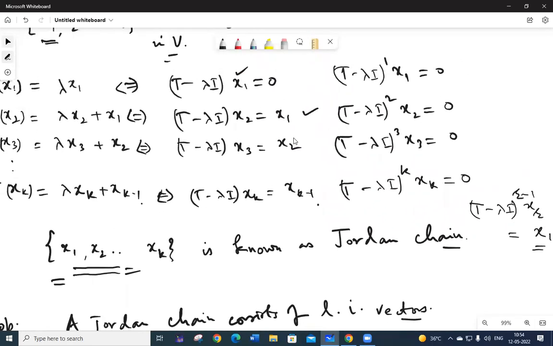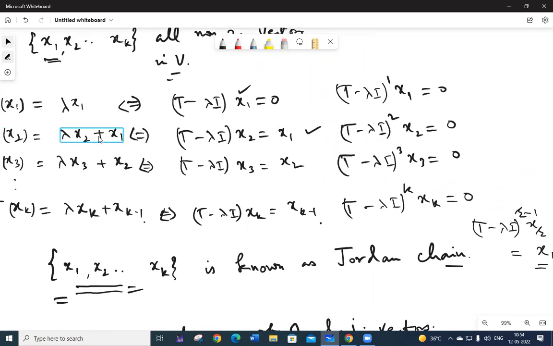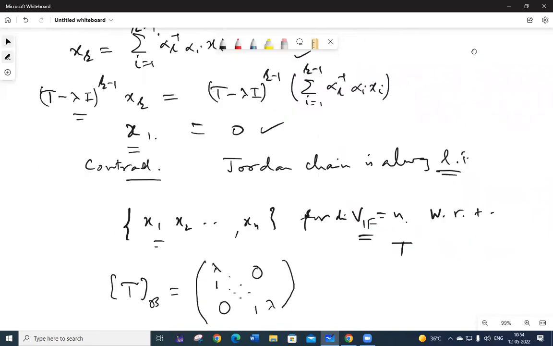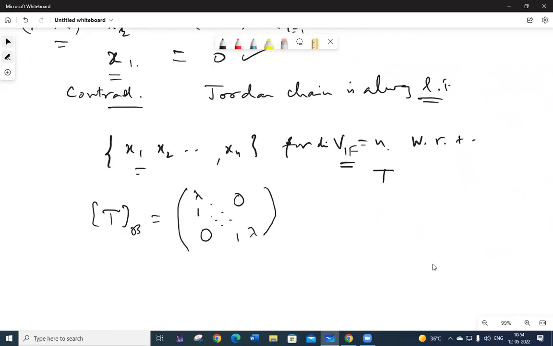Look at that: T x2 is lambda x2 plus x1, so it should be above. It will be upper diagonal, upper triangular. You are right, these are on the super diagonal. Rest are zeros.